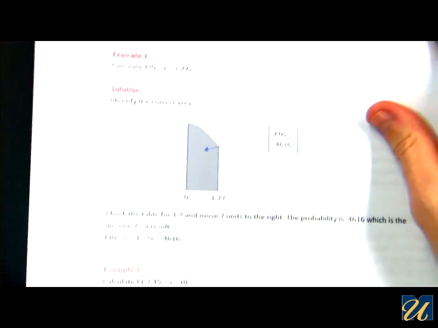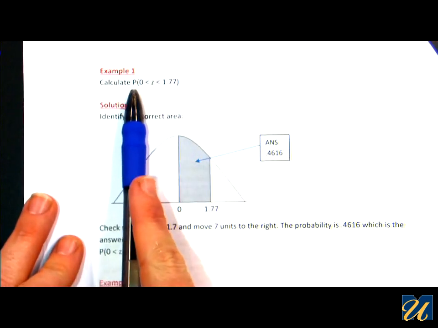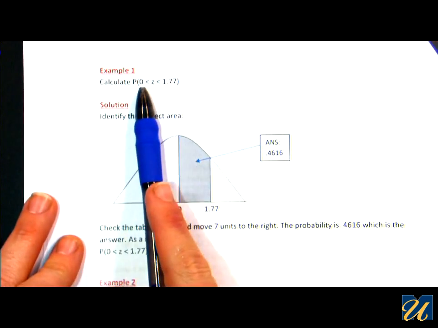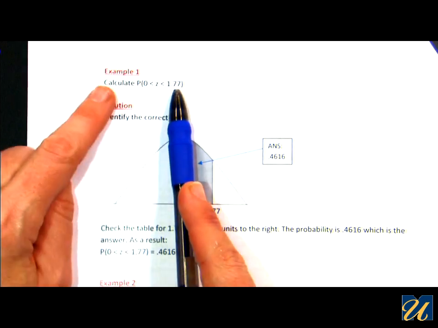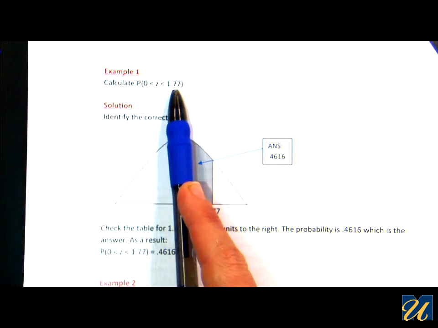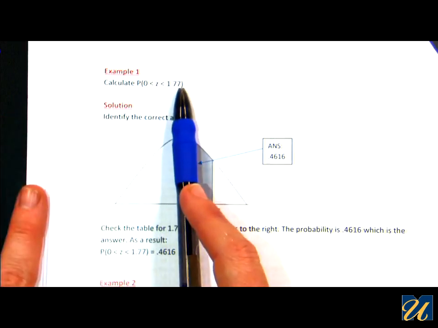For example, let's look at this example. We want to calculate the probability where the z-score is between 0 and 1.77. Keep in mind, for these problems, you already have a standard normal distribution, which means you don't need to calculate the z-score. You already have the z-score.